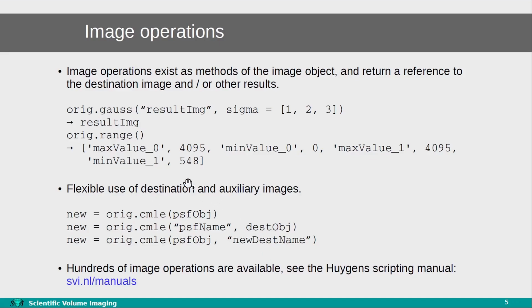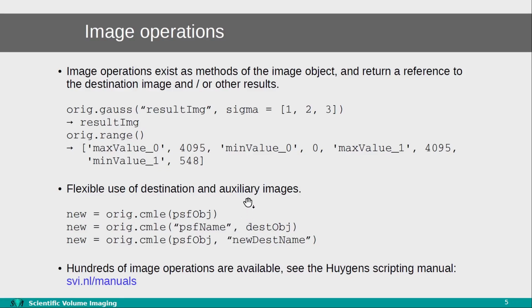So for destination images, for example, you can completely leave out the destination, in which case a destination will automatically be created with the same name as the operation that you're performing. Another option is to only specify a string, which means that you still get a new destination image, but its name will be the string that you have provided.